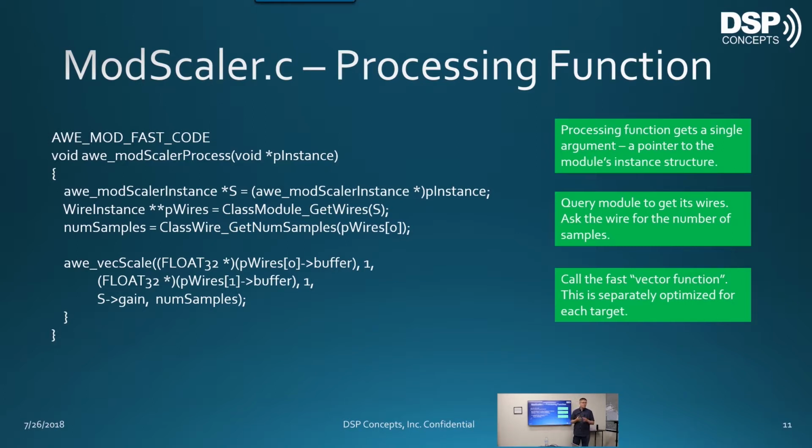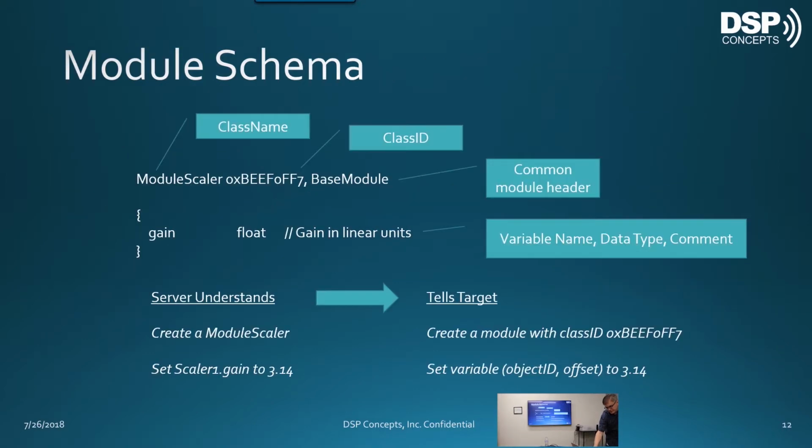When you wrote the module, you could have just looped over and done the scaling right here in the module. What we do instead is jump off to these vector functions, and then we optimize the vector functions independently for each of the platforms. So that is what's happening inside the C code.